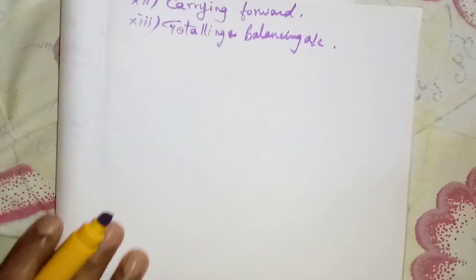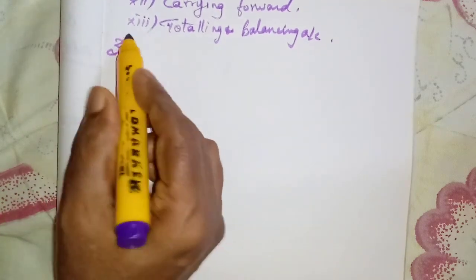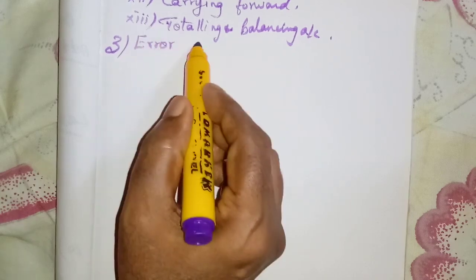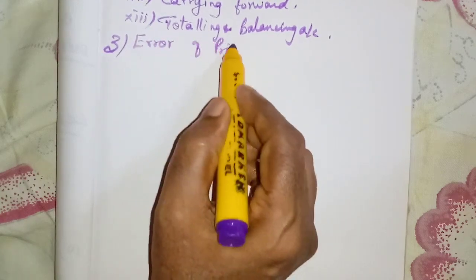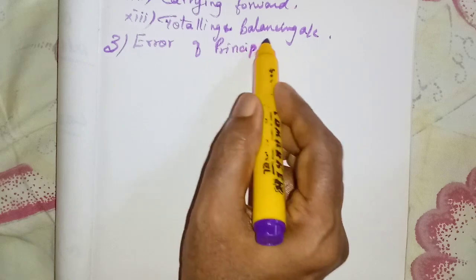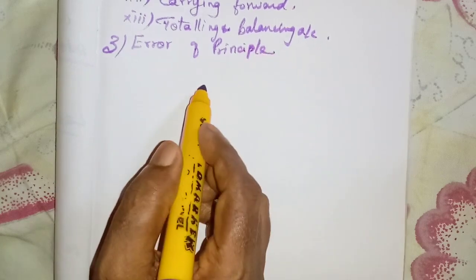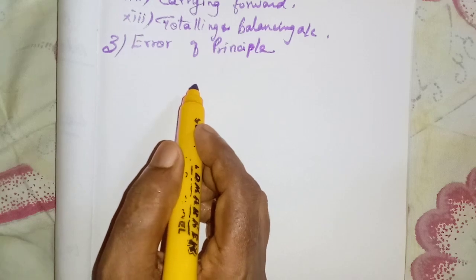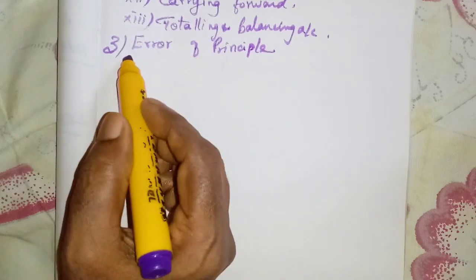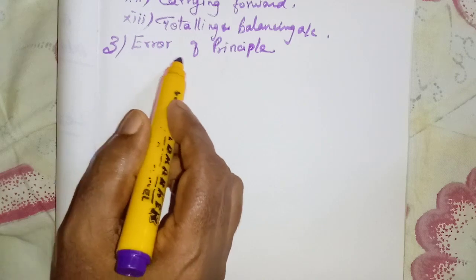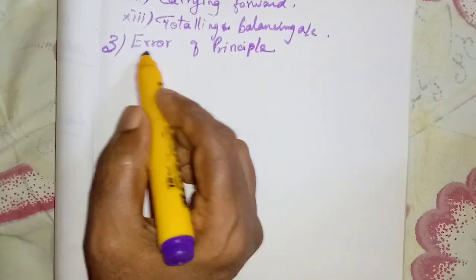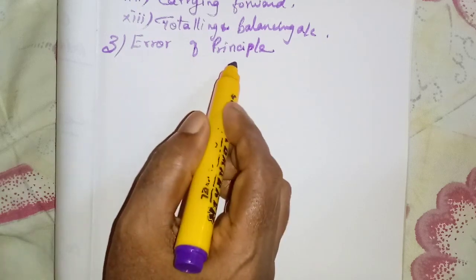Okay, now the next type of error, the third type of error, we will see: error of principle. So the whole rectification of errors, you should read. All the questions where you have to mark the errors, those question answers. Okay, so I will complete with this error of principle. What is the meaning of error of principle?